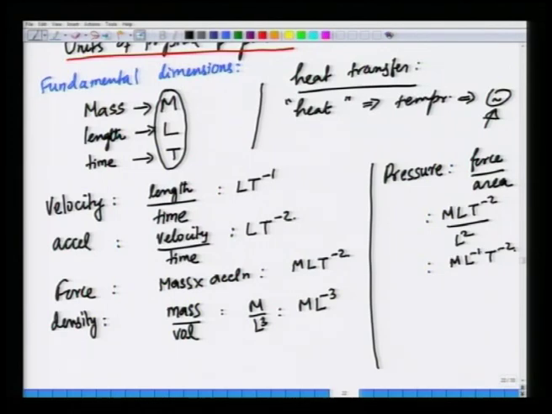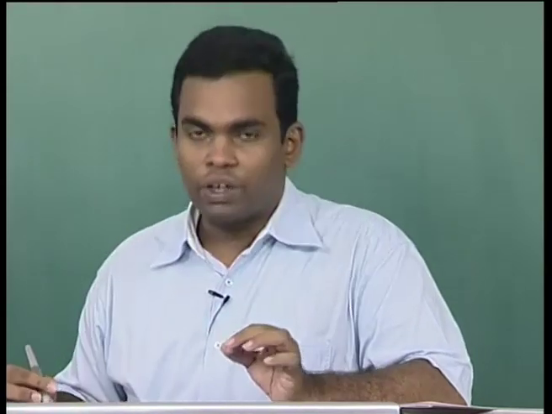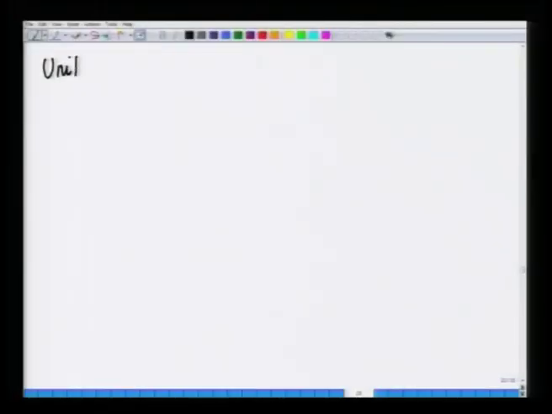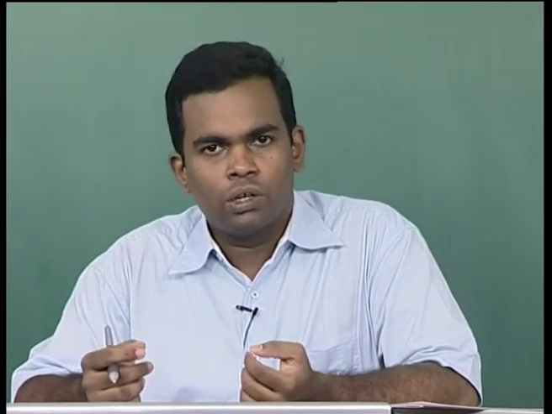So, these are dimensions, these are fundamentally ascribed to all physical quantities. These are very unique, but units are human constructs. Whenever you measure a physical quantity, you have to accept a convention. For example, if you measure length, you will have to use meters or centimeters or feet or whatever you want.